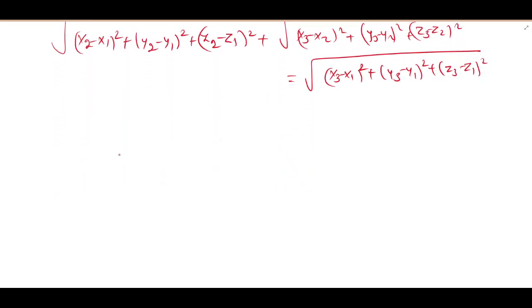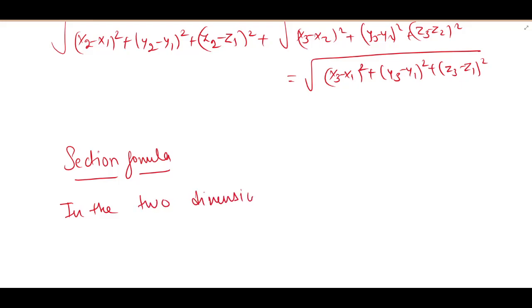So next is the section formula, which is the same as we have discussed in the straight line concept. In two-dimensional geometry, we know how to find a point which divides the line segment in the ratio m:n.